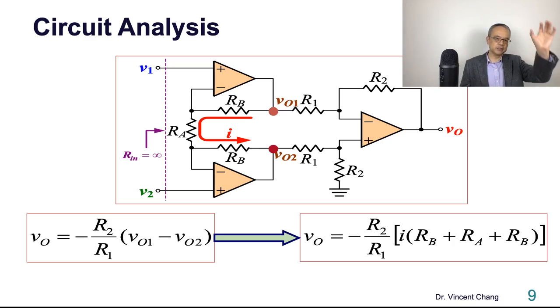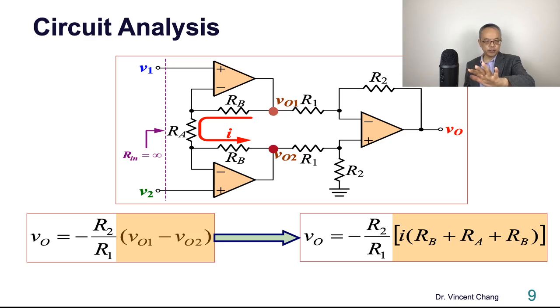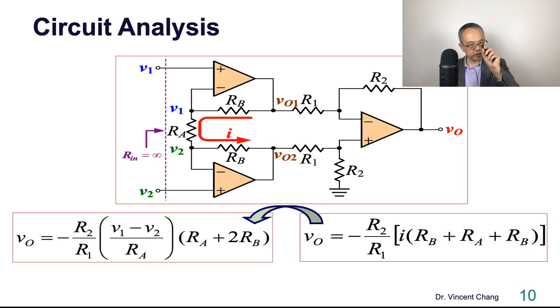The first drop is I times RB, the second I times RA, the third I times RB. So the orange on the left is replaced by the orange on the right. So you have to substitute the current I.